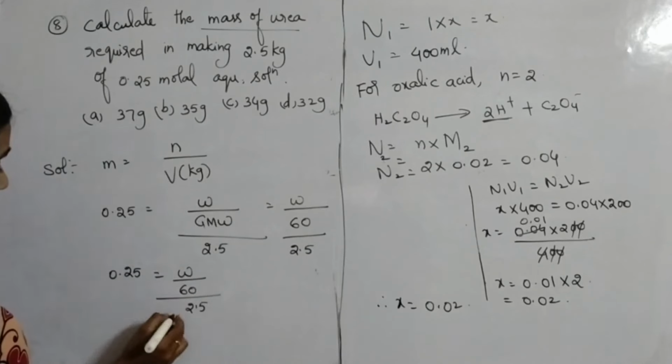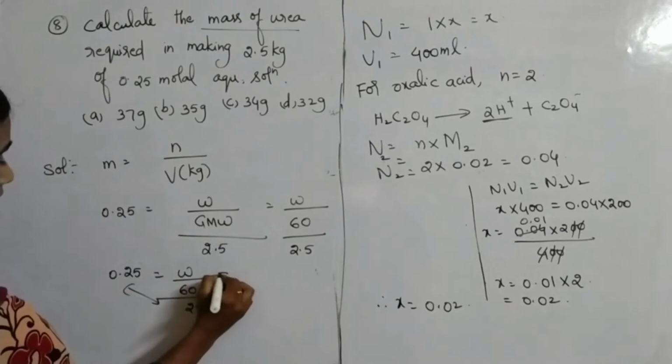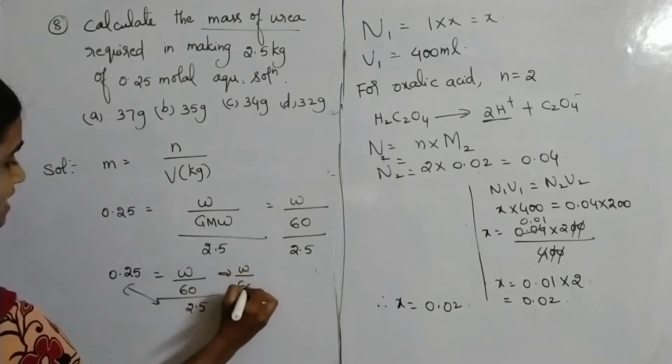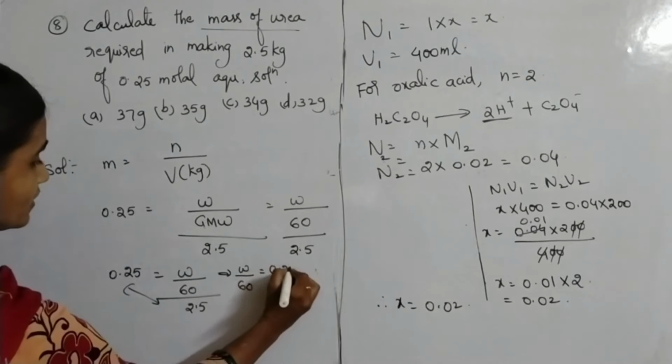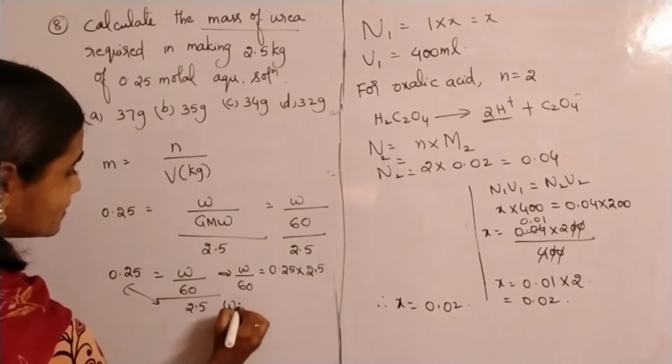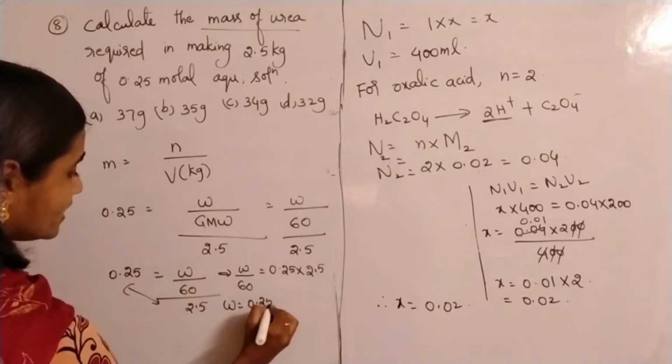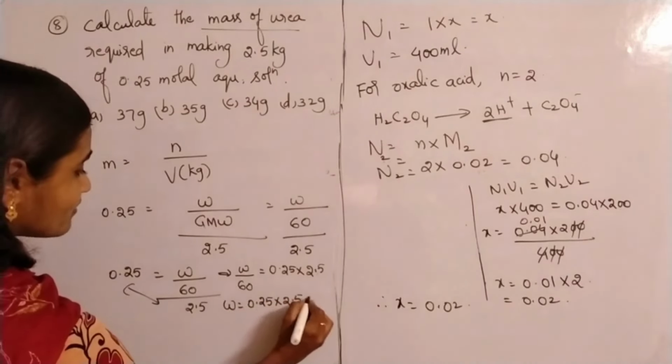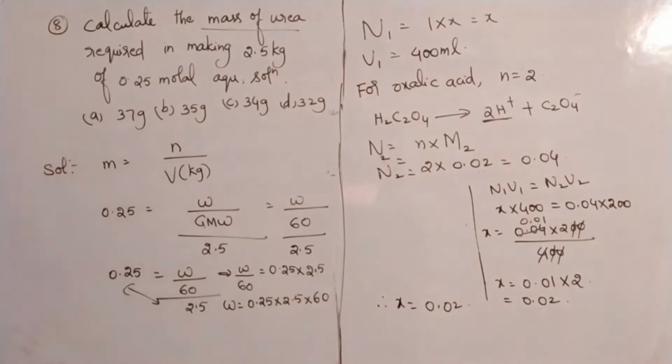Okay, cross multiply. That implies w by 60 is equal to 0.25 into 2.5. That means w is equal to 0.25 into 2.5 into 60.